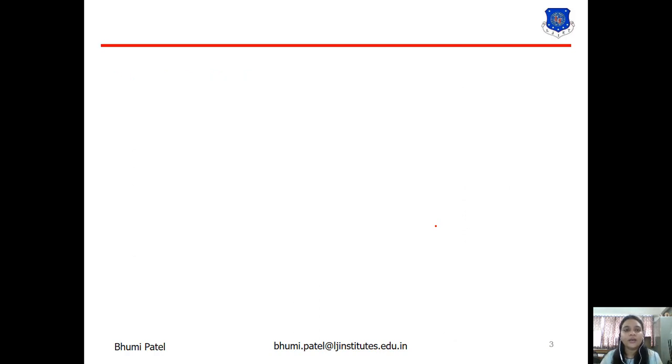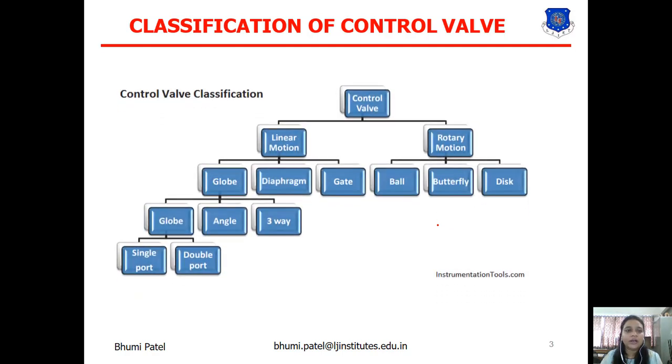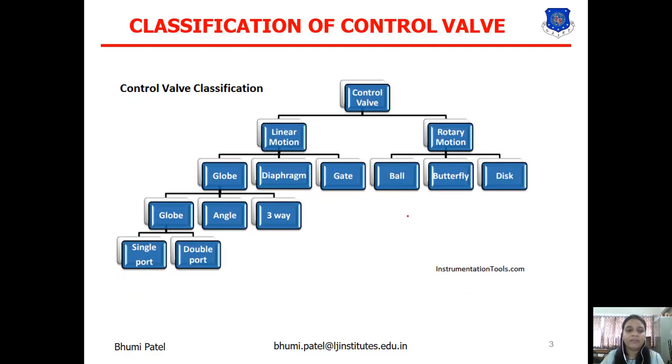Now today we will discuss the classification of control valve. We have different types of control valve depending upon their working principle and application. Control valves are classified mainly into linear motion and rotary motion.